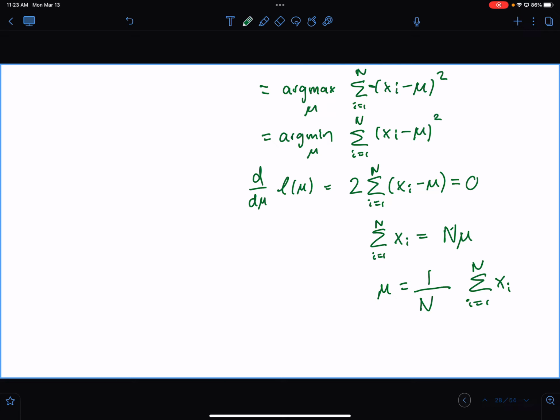The interpretation of this is if you're trying to estimate the temperature and modeling it with a Gaussian distribution, we should just take the average of all the temperatures we've seen so far. So maximum likelihood usually gives you a pretty intuitive answer, and you can see that's the case here. We're just taking the average of all the temperatures we've seen so far.